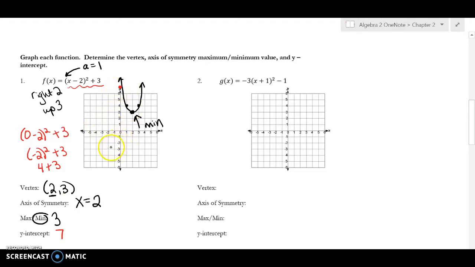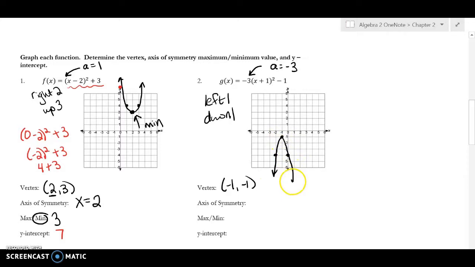Okay, why don't you try number 2 on your own, and when you think you have it, press play so that you could check your work. So hopefully you notice that you went left 1 and down 1. So negative 1, negative 1, so right here. This one is my A value of negative 3, so I'm going to go down 1, 2, 3 over 1. Ooh, this one's nice. Look what we found.